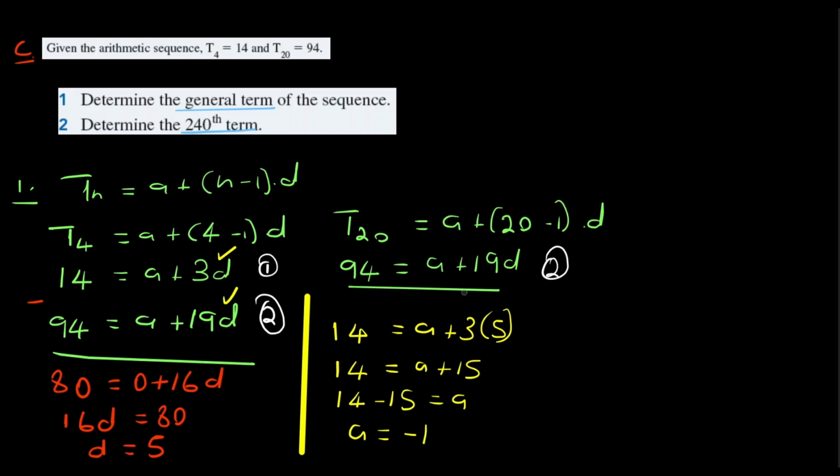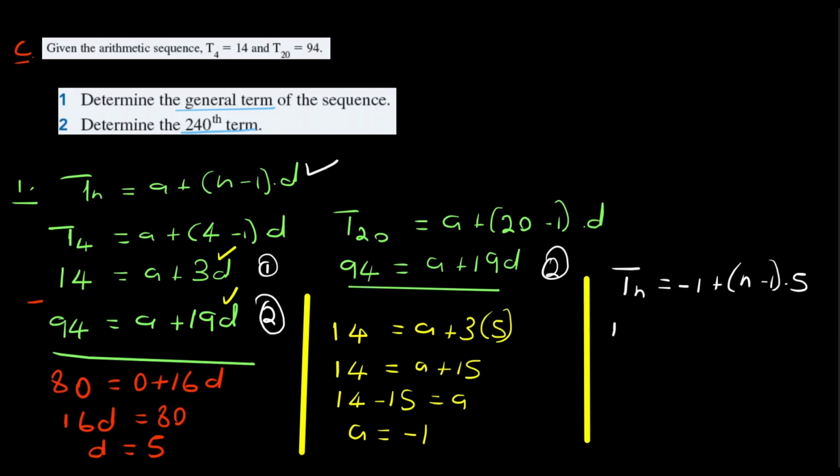So the question didn't say find a or d, it says you must find a general term. So let's write our answer in the form of a general term, meaning that we have to write our answer in this format. So Tn equals our a value, which is minus 1, plus n minus 1 times our d, which is 5.